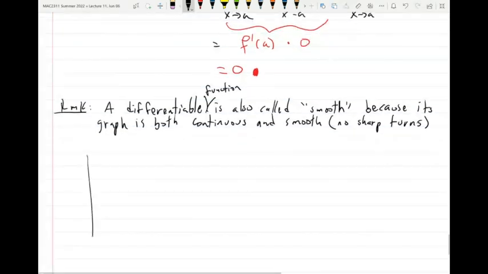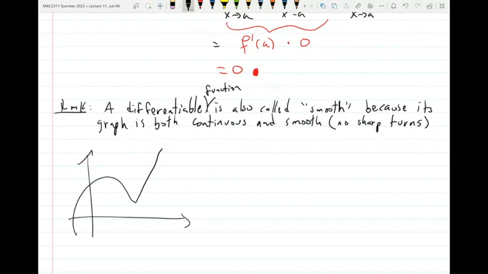In other words, you see a picture like this, and these points that we're turning over here and over here, those are nice, but this one is not good. That little peak that we have in there is a point at which the function is not differentiable. In other words, it's not smooth there. Do you understand what I mean when I say the word smooth?